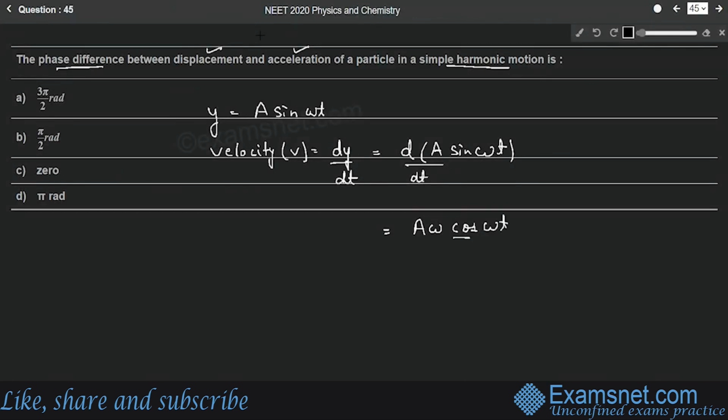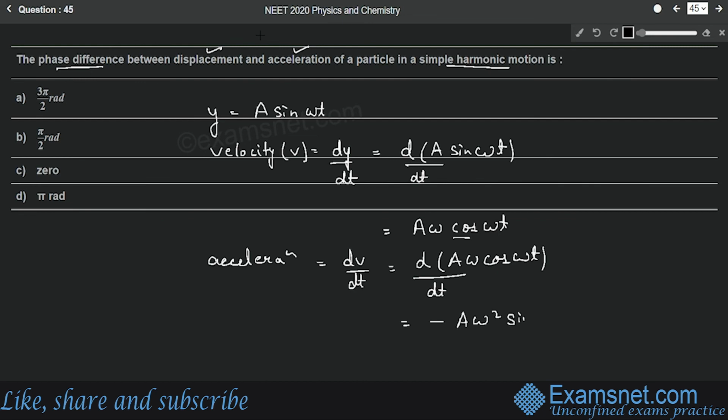Now we have to find the acceleration. Now to get the acceleration, we'll have to differentiate the velocity. Okay, that means dv by dt. So let's differentiate it. Differentiation of a omega cos omega t. Now what will we get here? We'll get minus a omega square sine omega t.